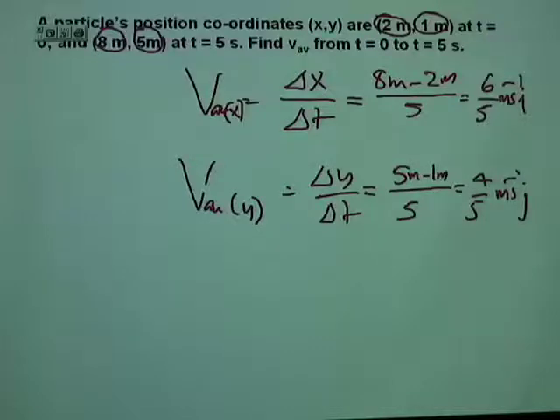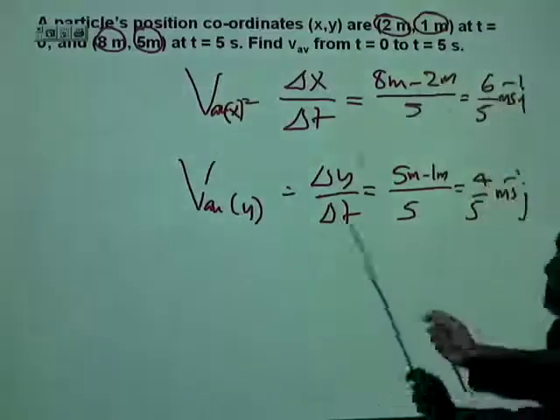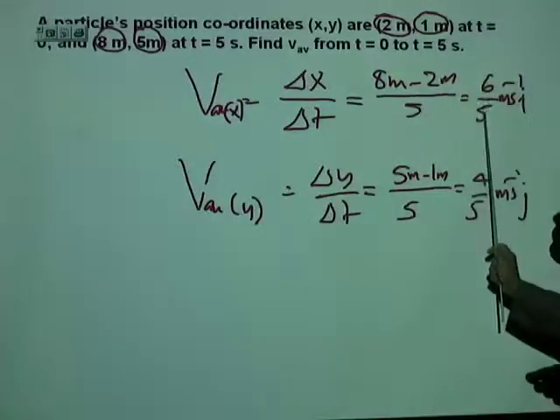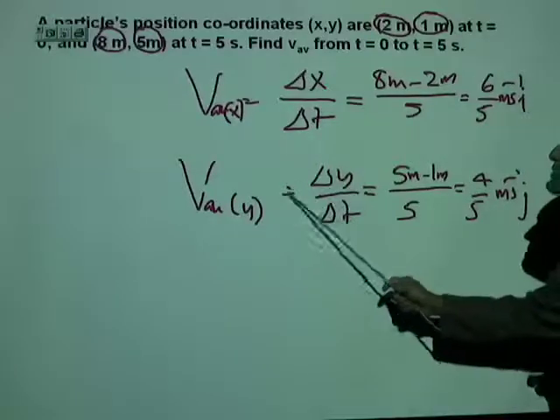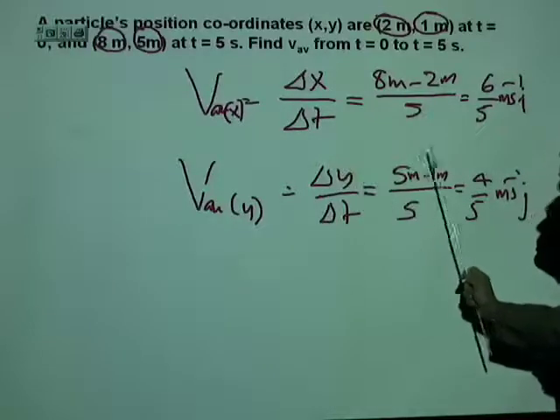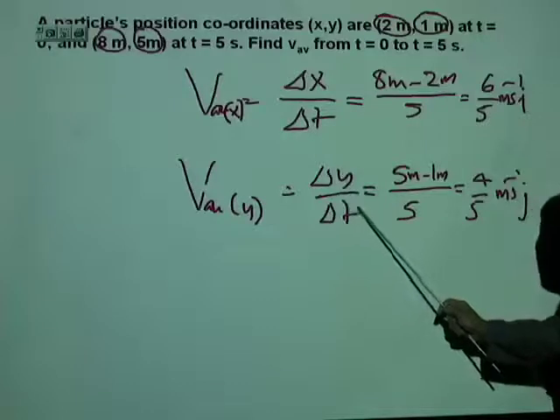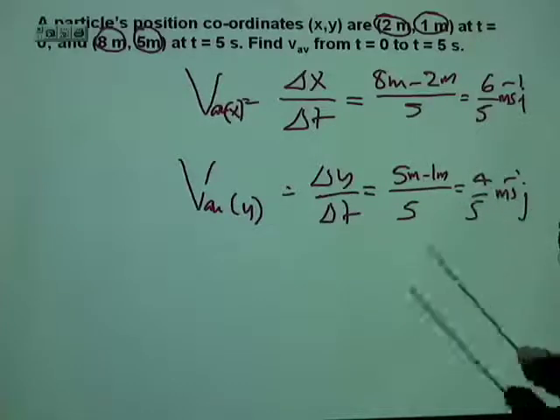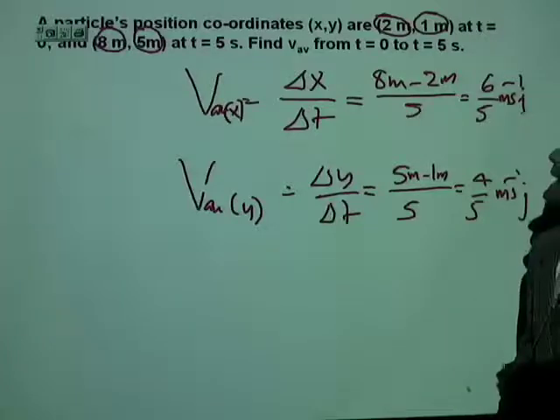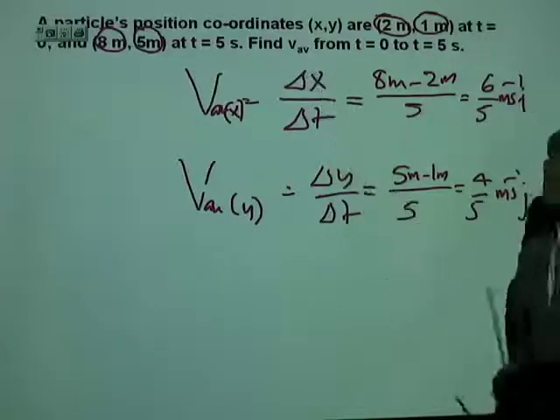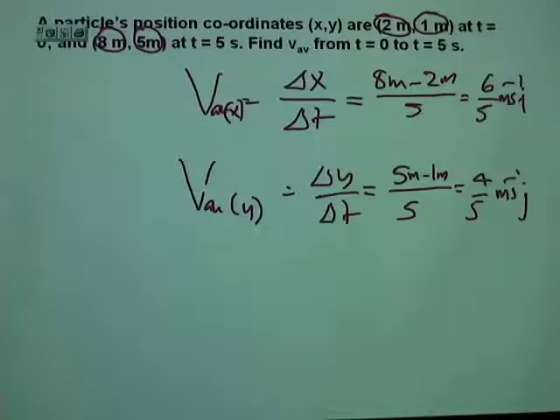So, you have an average velocity in the x direction, which is 6/5 meter per second i, and average velocity in the y direction, which is delta y over delta t, that is 4/5 meter per second j. And so, what is the average velocity? How do you write the total average velocity?